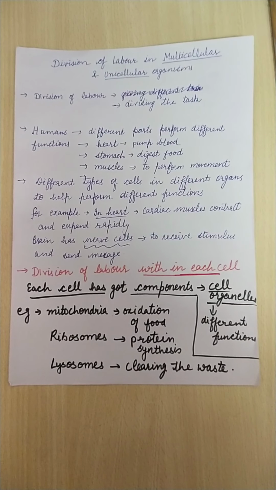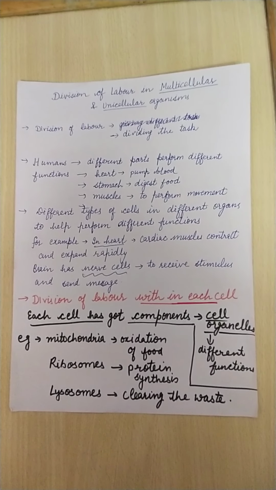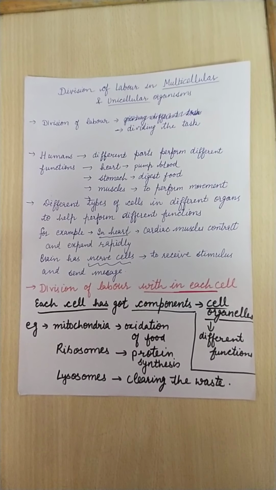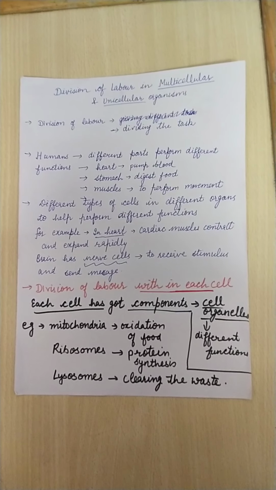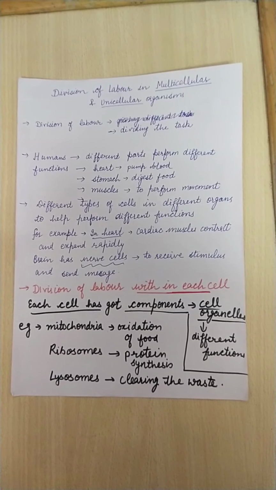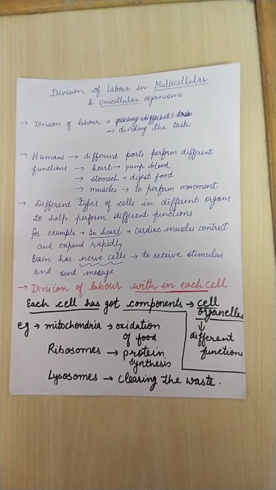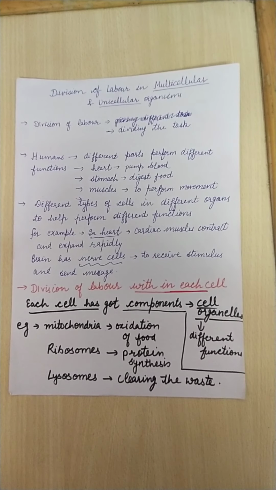For example, our heart contains cardiac muscles which contract and expand rapidly. Our brain has nerve cells which receive the stimulus and send the message to the organ where the action has to be taken. So you saw that in a multicellular organism, different tasks are performed by different organs.